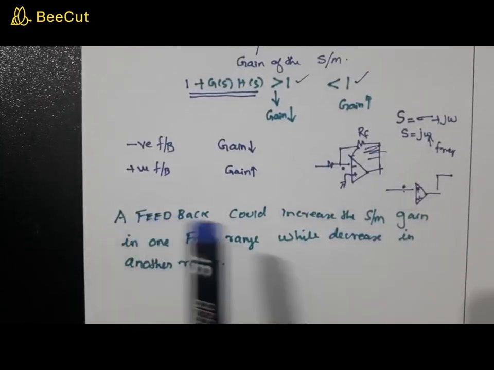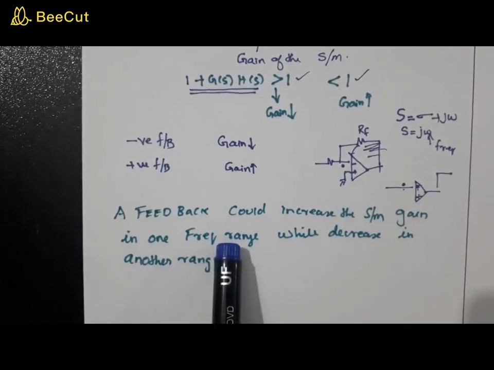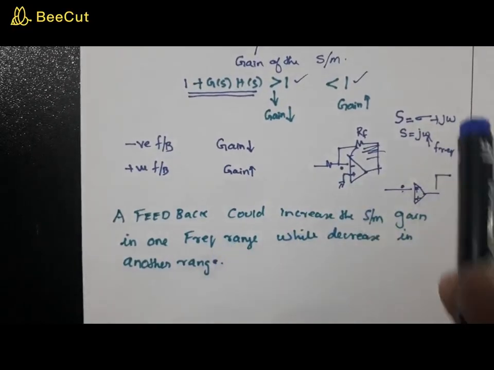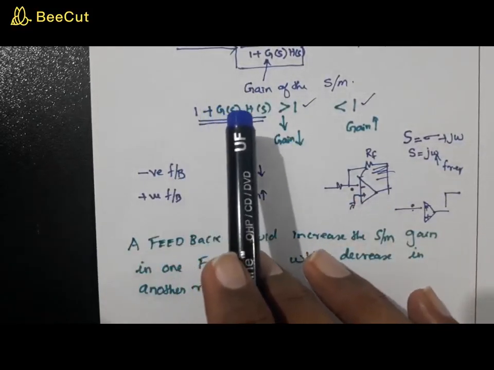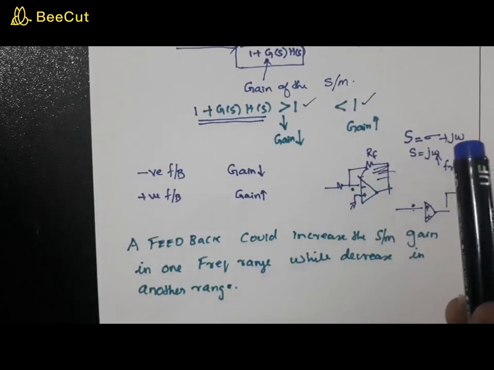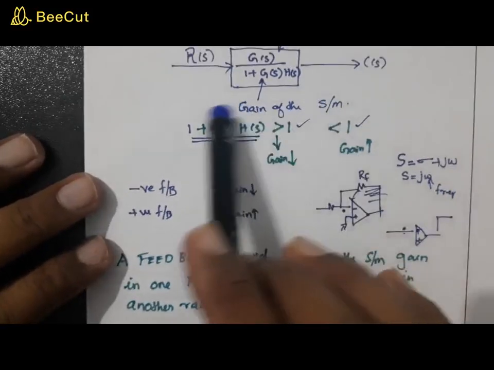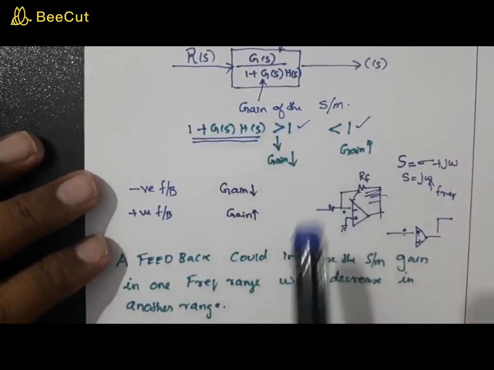A feedback could increase the system gain in one frequency range. That means this 1 plus GSHS is a function of frequency, and you have a wide range of frequencies starting from 0 to infinite hertz. So for some range of frequency, this value will be less than 1, and for some range of frequency, it can be greater than 1.